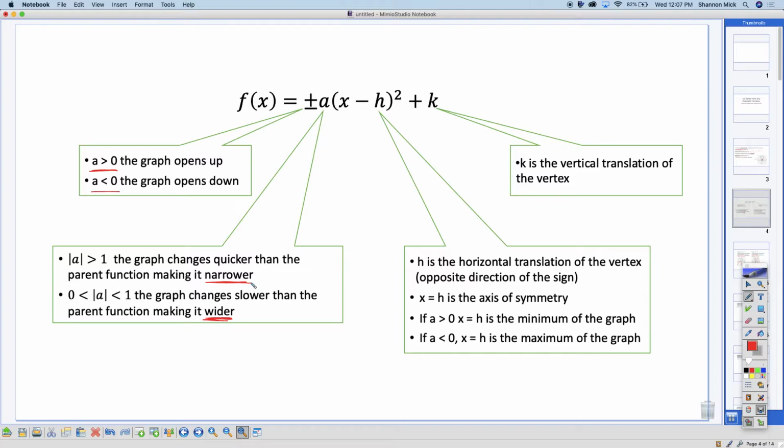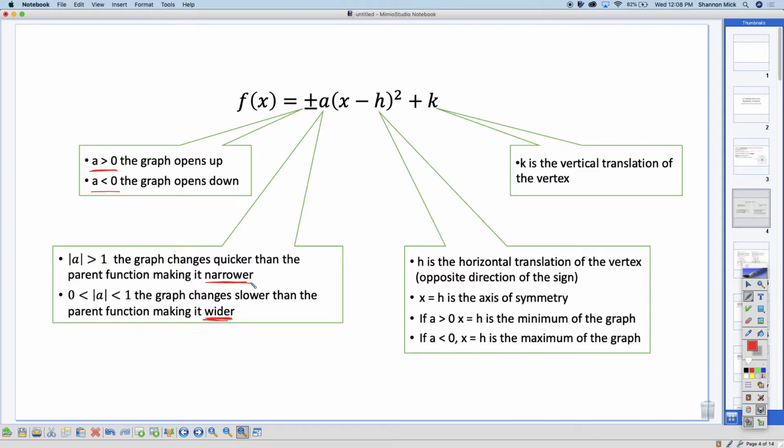The book uses stretch and compress. So in parentheses, narrower would be a vertical stretch, wider would be a horizontal compression. I just like narrower and wider better. But what's actually happening is the graph changes quicker and slower.